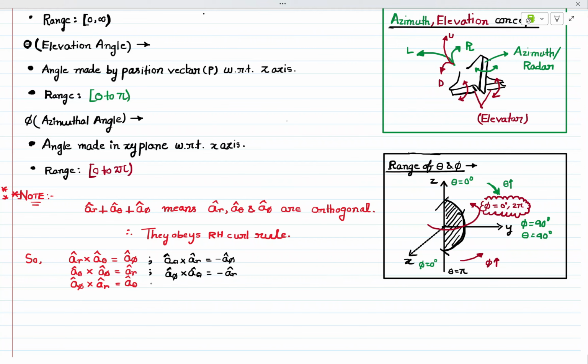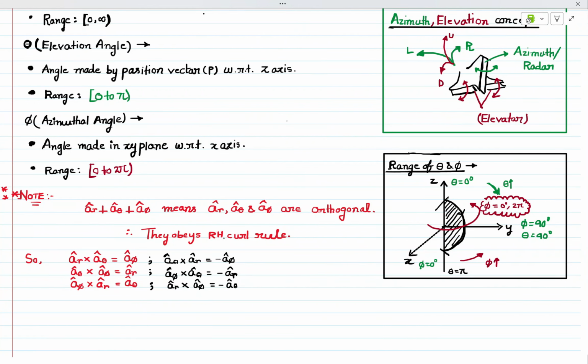And also AR cross A phi is nothing but minus A theta. Okay. So according to the right-hand curl rule, we can conclude this.